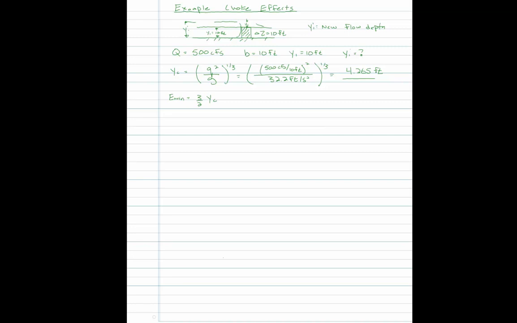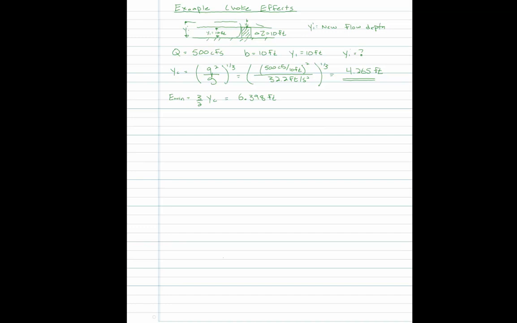So 1/3 of the energy is the velocity head term, and 2/3 of it is the critical depth. Therefore, if we find the critical depth, then we can find out the total amount of energy required just by multiplying by 1.5. And so 3/2 times this critical depth of 4.265 gives us a minimum energy required of 6.398 feet. That's the total energy required.